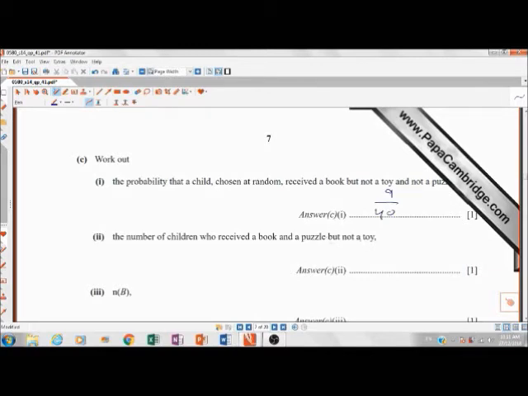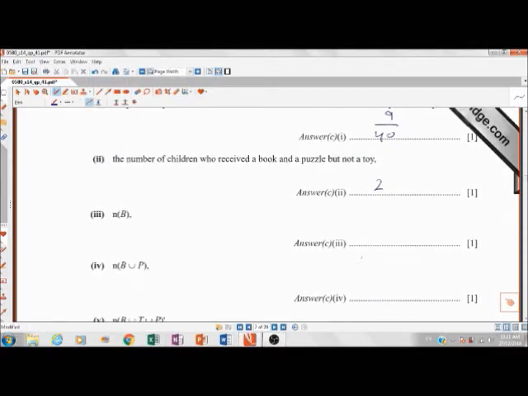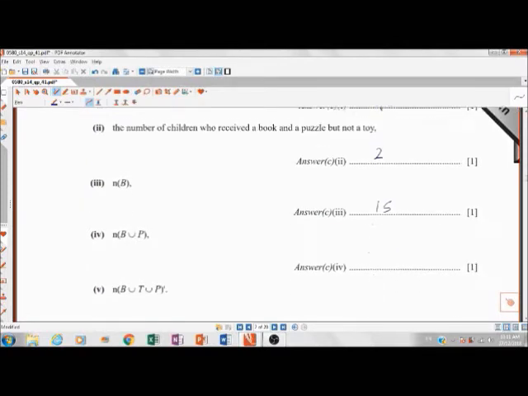The number of children who received a book and a puzzle but not a toy. So now, as you do have the value of x, just substitute in the Venn diagram to find the real values. Here's 5 minus 3, you get 2. So now they want the number of B, which is 15.